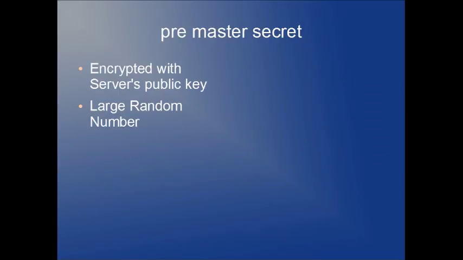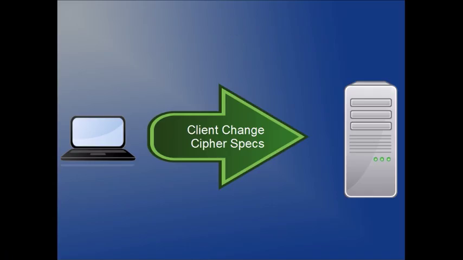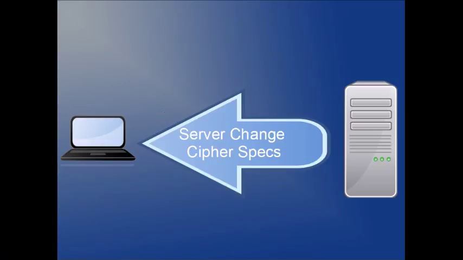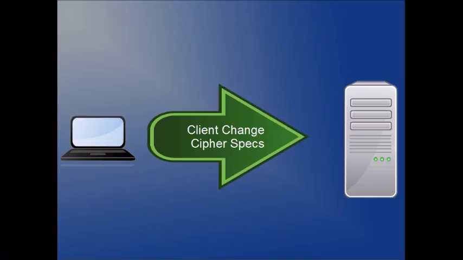So at this point, both the client and the server have the pre-master secret, and they've got each other's certificates. So they have everything they need to generate the symmetric key. They go ahead and generate the symmetric key, and the client will send a message to the server encrypted in the symmetric key.